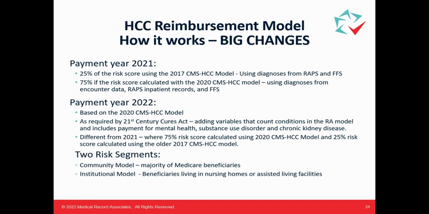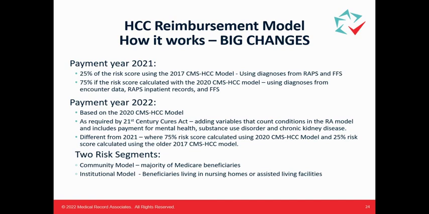It's going to be based on the 2020 CMS HCC model, as required by the 21st Century Cures Act, adding in variables that count conditions in the risk adjustment model and includes payment for mental health, substance abuse disorders, and CKD, which is a good thing.